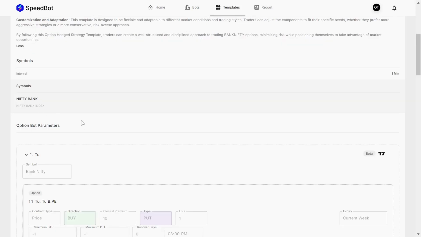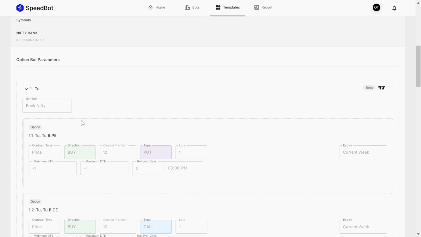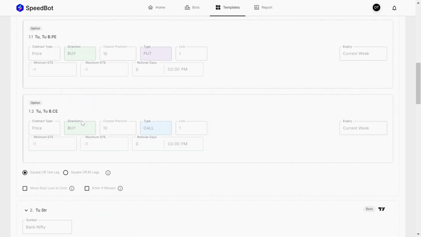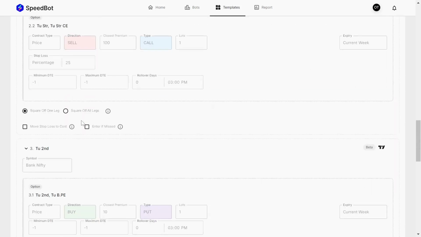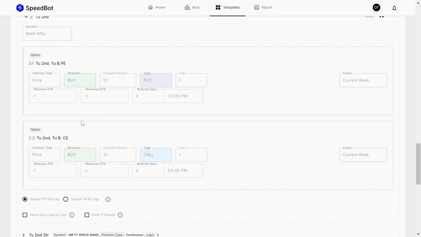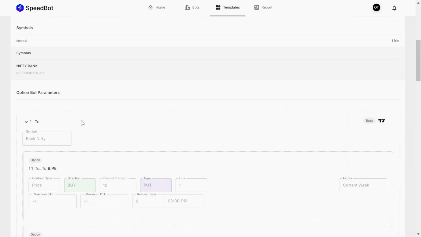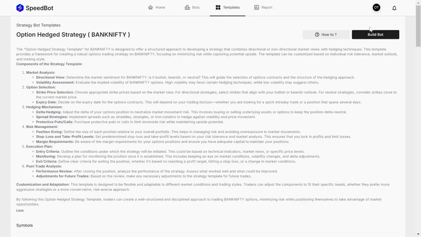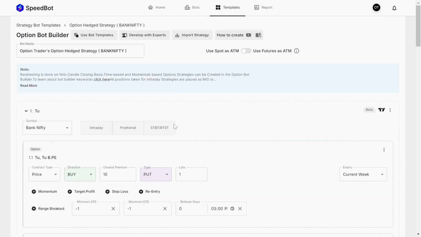You'll be able to see the complete logic, and based on that logic you'll be able to deploy it or backtest it from your end like this. So once you click on the build bot button, the same strategy template will be replicated into your account.